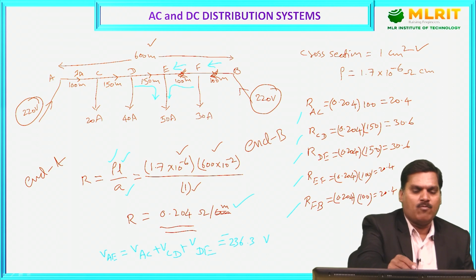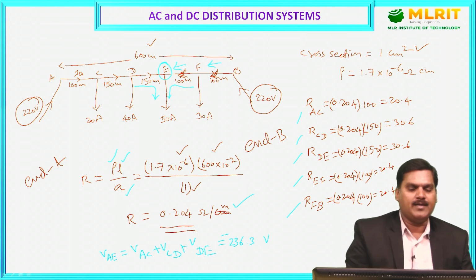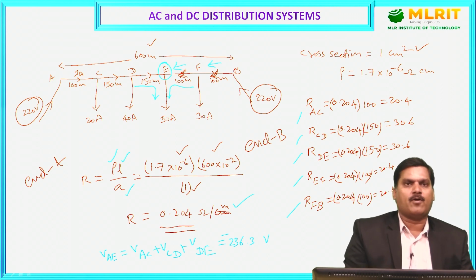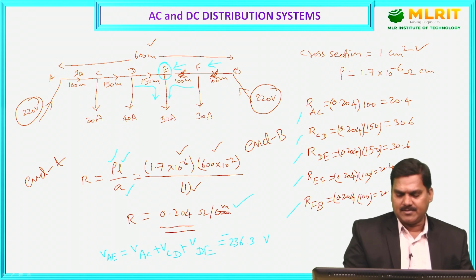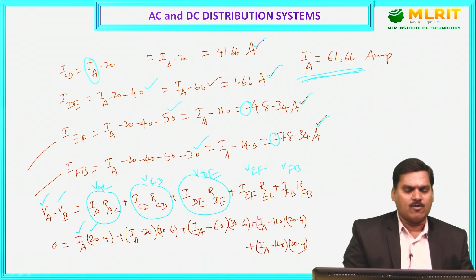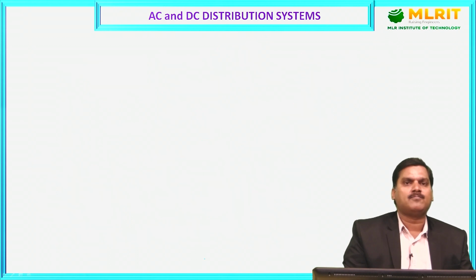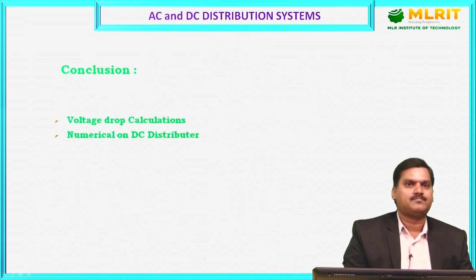So the minimum voltage will occur at point E. To calculate the voltage at point E, we took VAE, that is the voltage across the AC, CD and DE sections. With that we can say the minimum voltage of the distributor is at point E. So this is one of the simplest numerical problems of feeding at both ends.